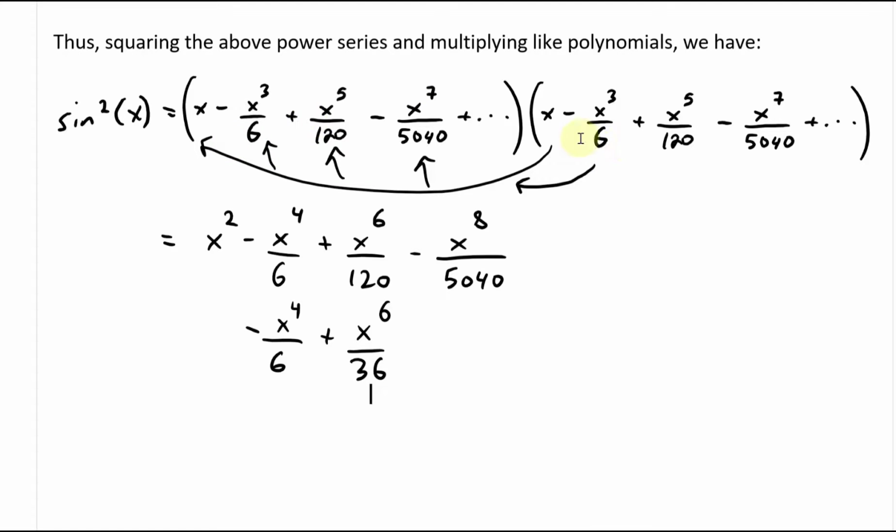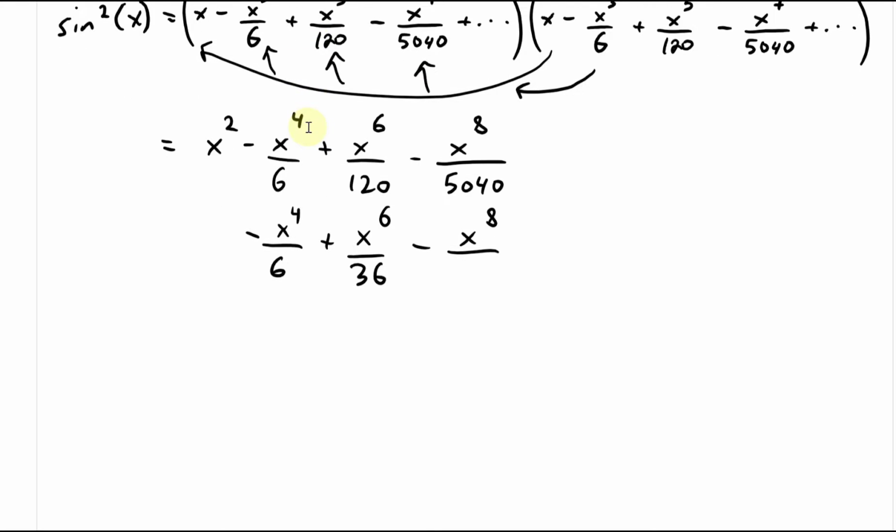And now the next one is multiplied by this 120. So 6 times 120, but first let's just write this out. So negative x cubed times x to the 5 is going to be negative x to the 8. And now we have a 6 times 120. Well, what is 6 times 120?